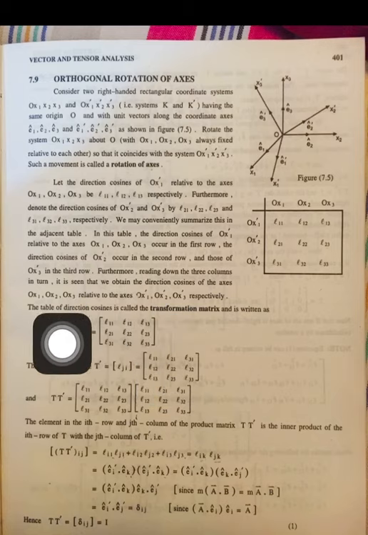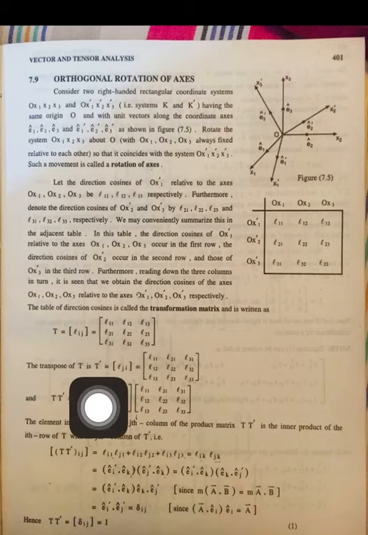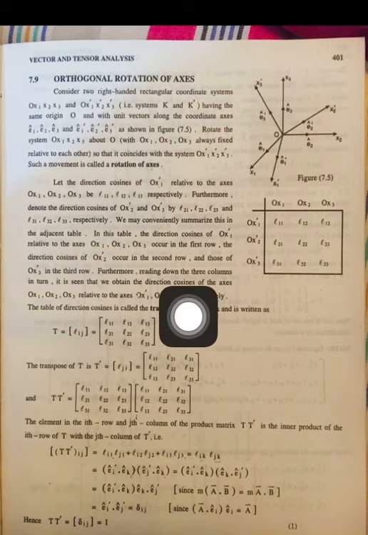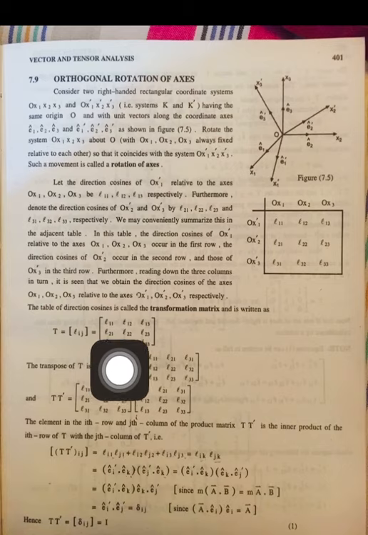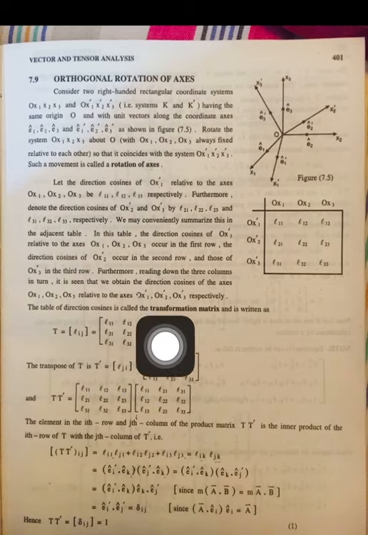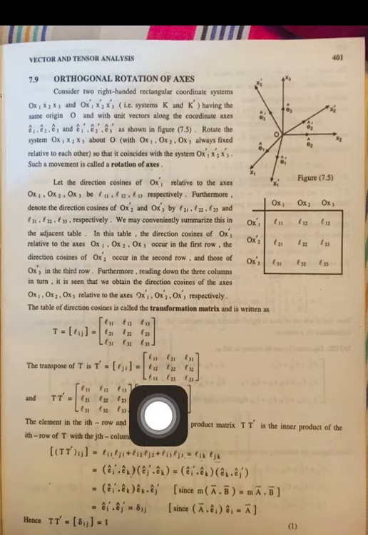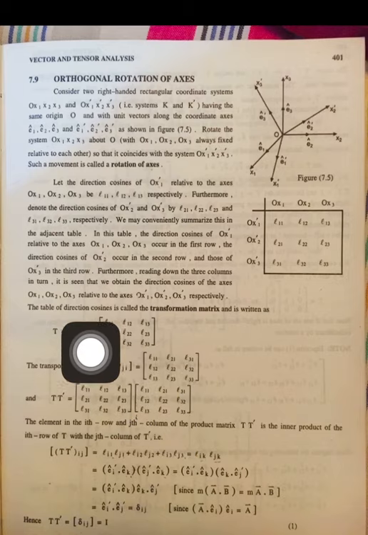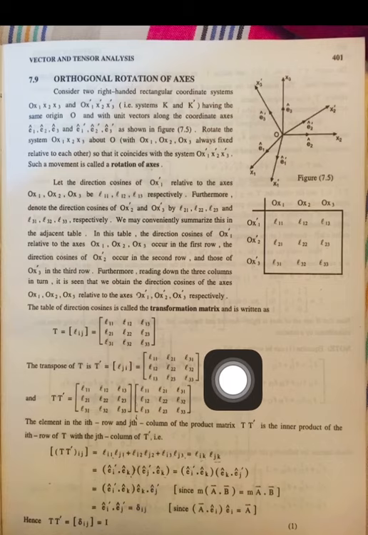Now I am taking the transpose of this matrix. While taking the transpose, the rows change into columns. So L11, L12 and L13, this first row becomes the first column. So T dash is this matrix.